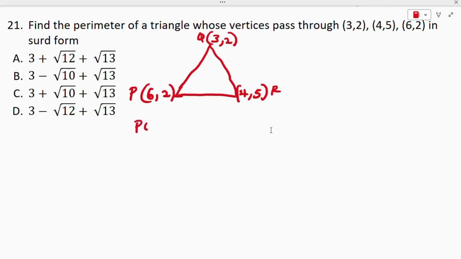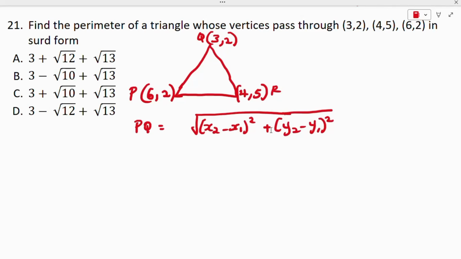So we have that PQ is equal to the square root of x2 minus x1 all square plus y2 minus y1 all square. The first thing we want to do is to solve for PQ. So if we are solving for PQ, we know that P is equal to 6 and 2 and Q is equal to 3 and 2.